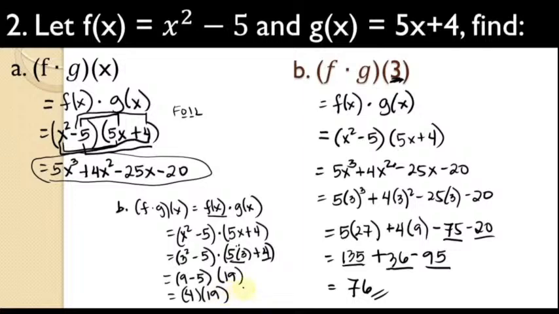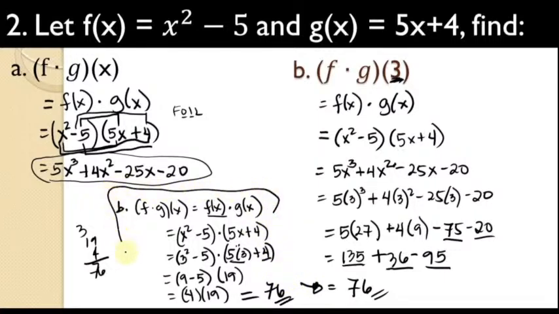So 4 times 19, so 19 times 4, so we have 76. Okay, so that is equivalent to 76. So the same result pa rin. Okay, so that is the shortcut natin gamitin. Okay, so we have this one.